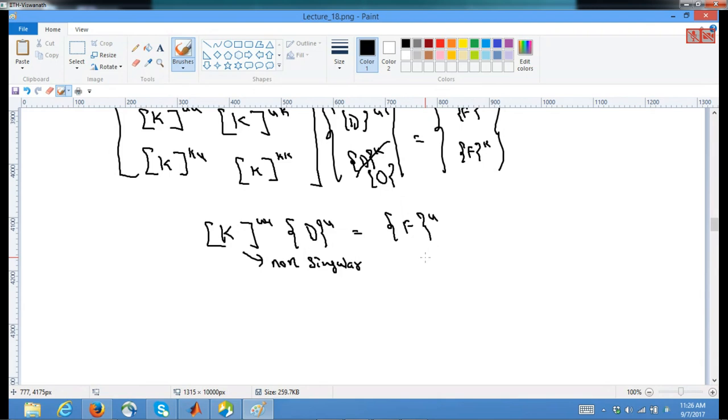In fact, this structure is overly constrained because the other end was a pin. Even without that, it would have been constrained enough. So KUU is obviously non-singular and hence invertible.